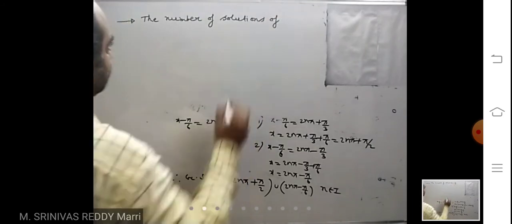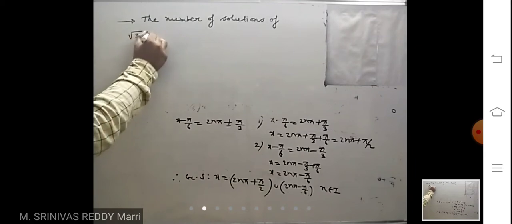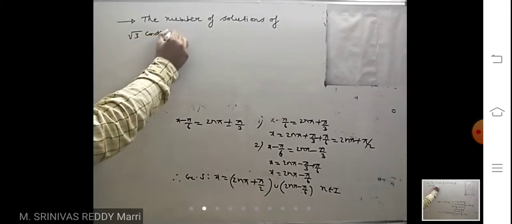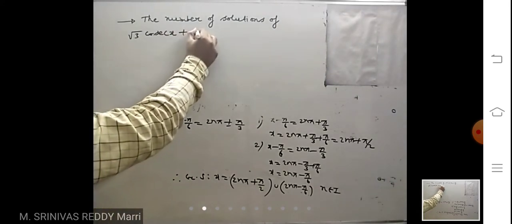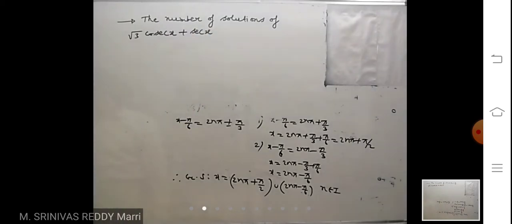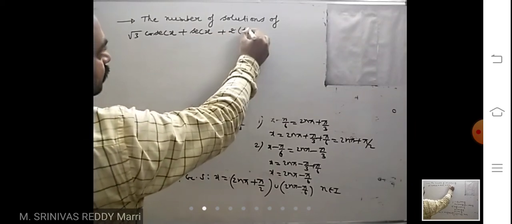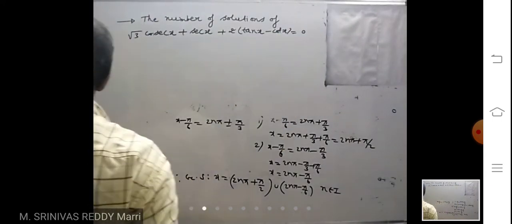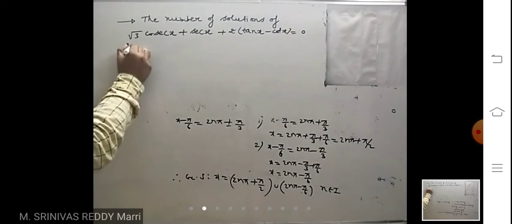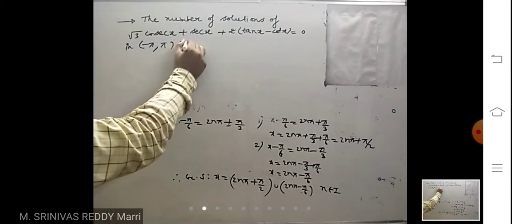The number of solutions of the equation given, root 3 cosecant x plus secant x plus 2 into tan x minus cot x equal to 0, in the interval minus pi comma pi is dash.